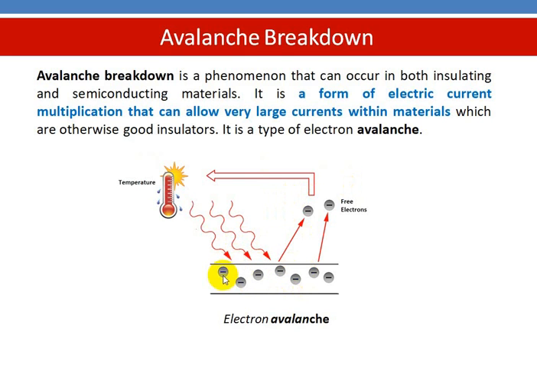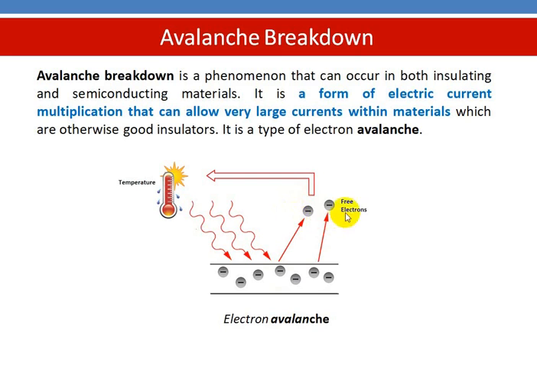the electrons will be liberated. Free electrons will be created because of the increase in temperature. The electrons gain energy and try to come out from the valence band to the conduction band. These electrons are called free electrons.